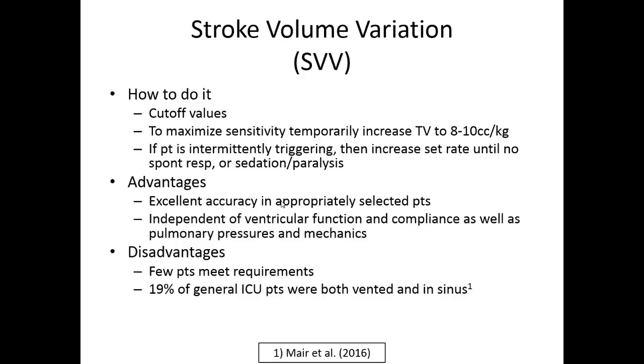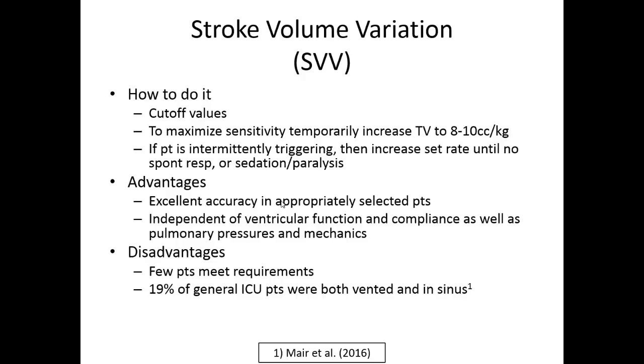They can't be taking negative breaths to trigger the ventilator, because then the change in their preload will reflect a combination of the decreased intrathoracic pressure that they initiated the ventilator with, and then the positive intrathoracic pressure from the ventilator. So you need an adequately sedated patient, or a paralyzed patient, or a sufficiently high set respiratory rate, so that there's no spontaneous respiratory effort on the part of the patient.